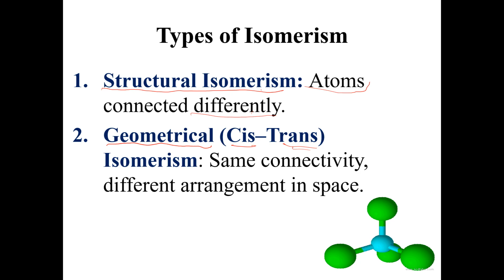Then in geometrical isomerism, we shall look at those which have cis and those which have trans. In cis and trans isomerism, they have the same connectivity, but different arrangement in space, just in space.